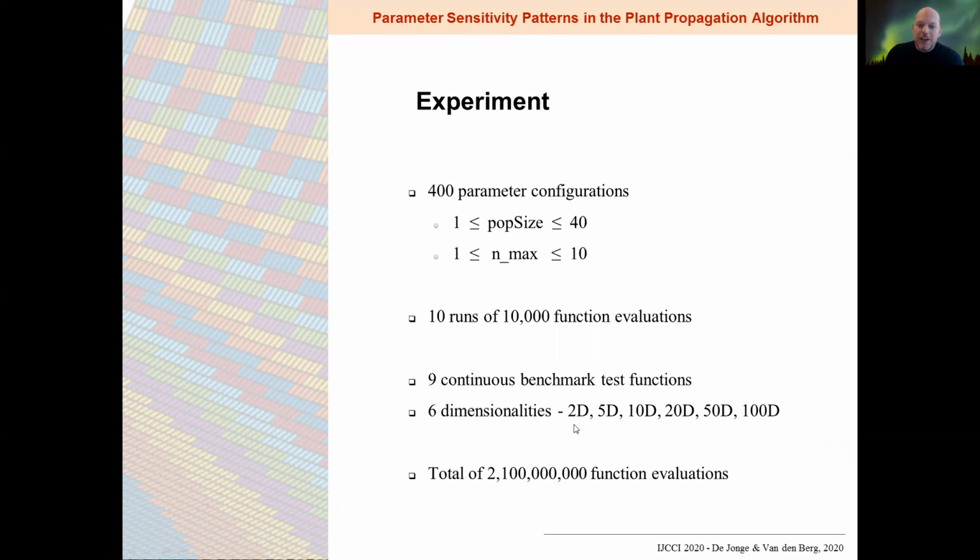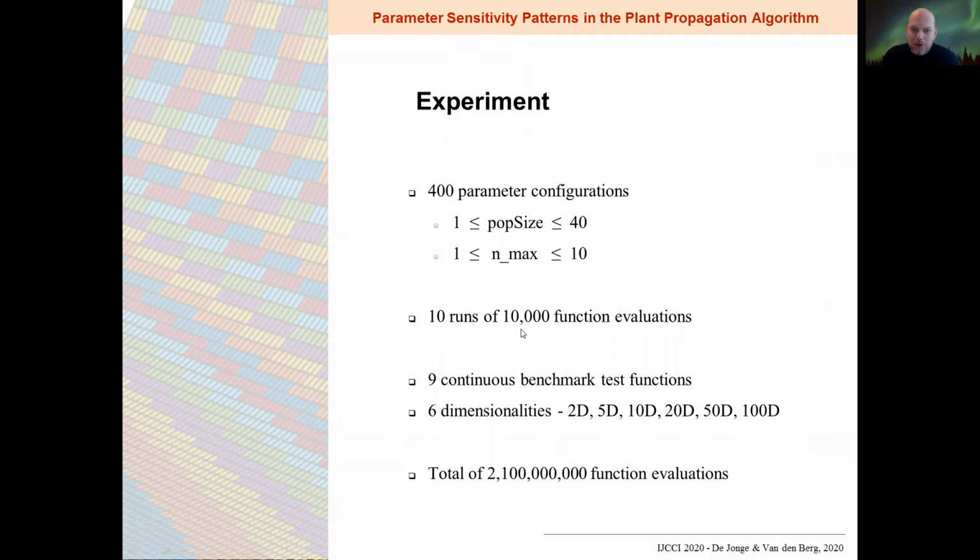For each of these instances of benchmark functions, we used 400 parameter configurations: we varied the population size, and we varied the number of maximum offspring. Then, for each of those settings, we ran 10,000 function evaluation runs.